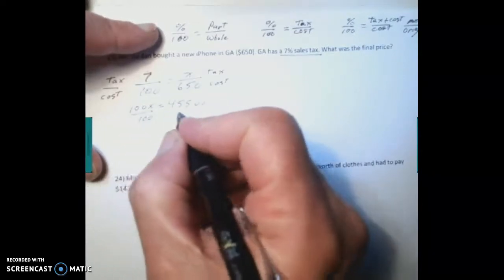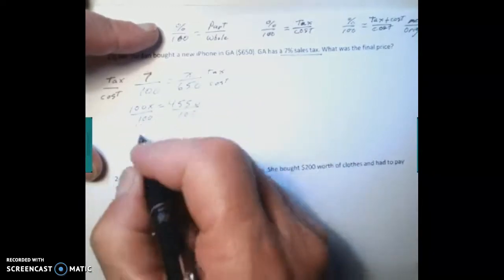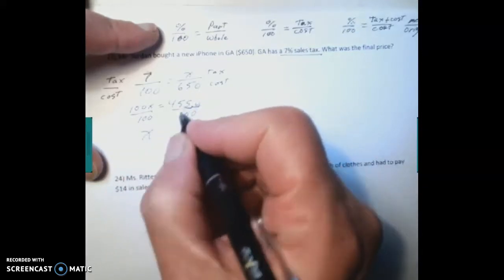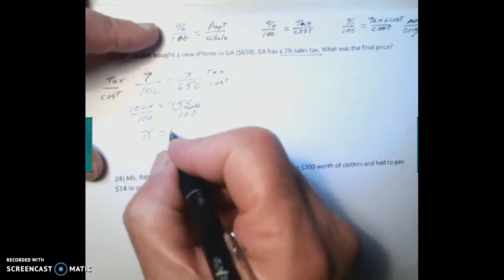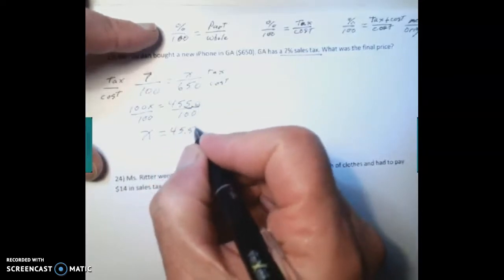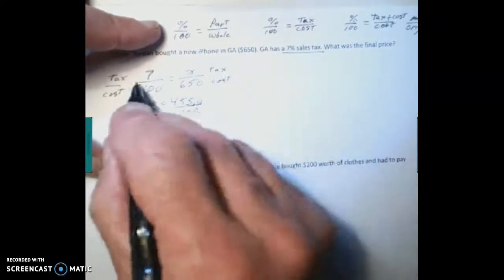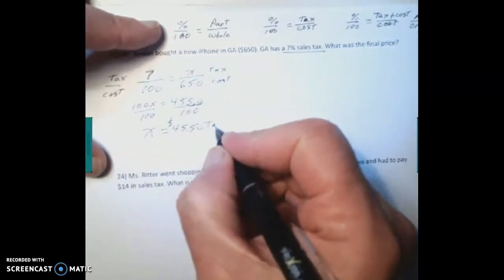Divide by 100. That's nice and easy to divide by because you can just move the decimal point 2 places. Your x comes out to be $45.50. But understand, this was finding our tax.